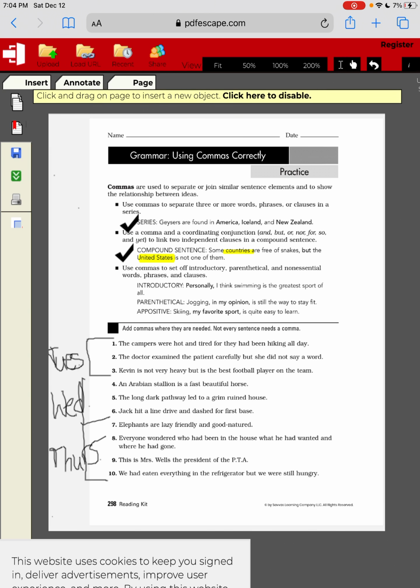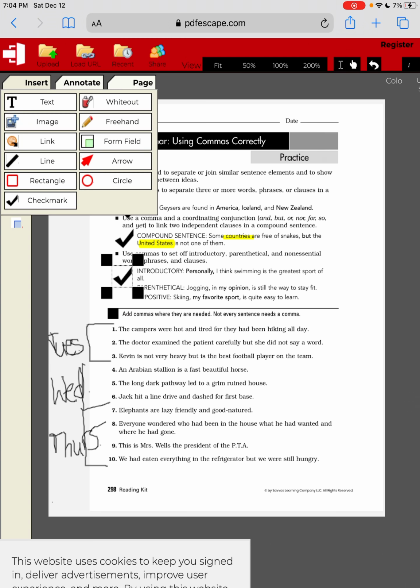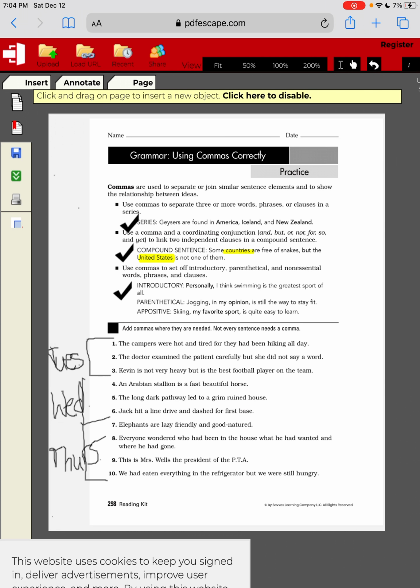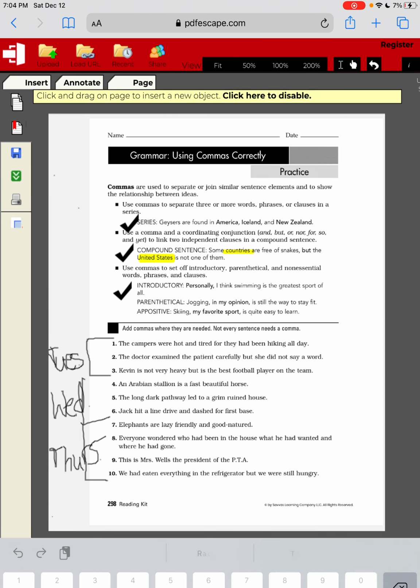Use commas to set off introductory, parenthetical, and non-essential words, phrases, and clauses. Introductory: Personally, comma, I think swimming is the greatest sport of all. Parenthetical. We knew these by a different word.